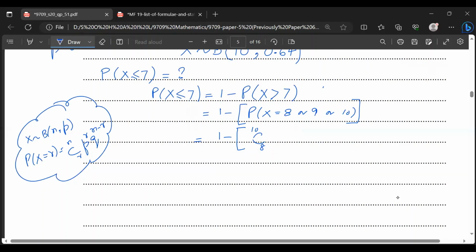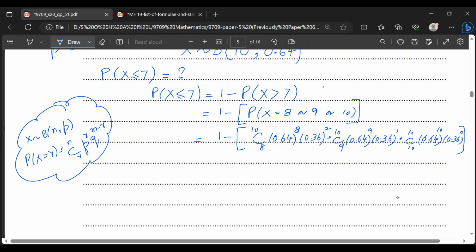So 10C8, P is 0.64 to the power 8, 0.36 raised to the power 2, plus 10C9, 0.64 raised to the power 9 and 0.36 raised to the power 1, 10 minus 9, and lastly 10C10, 0.64 raised to the power 10 and 0.36 raised to the power 0.